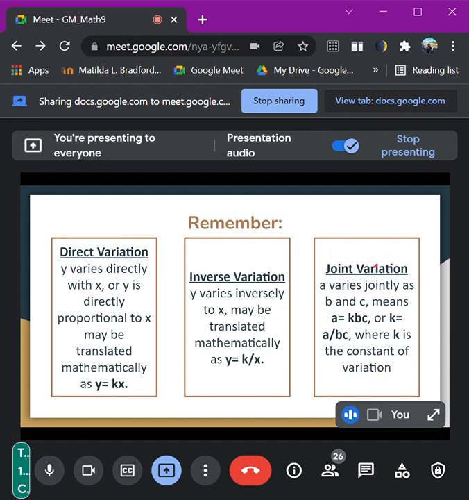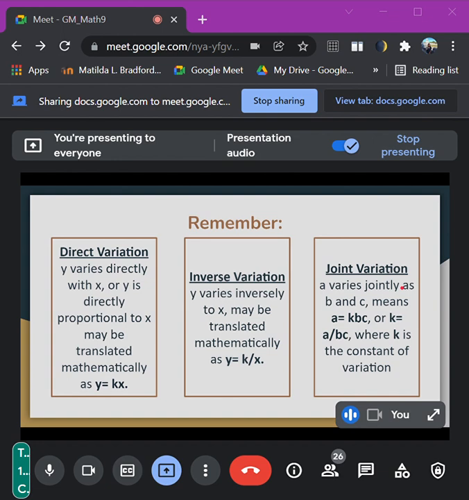Meaning to say, it is the same as our direct, but it has another partner, or other letters or other terms. So, we have joined B and C. So, our key here in our joint variation is, you have more letters or more terms, and you have there the word and. Okay? That is for joint variation.